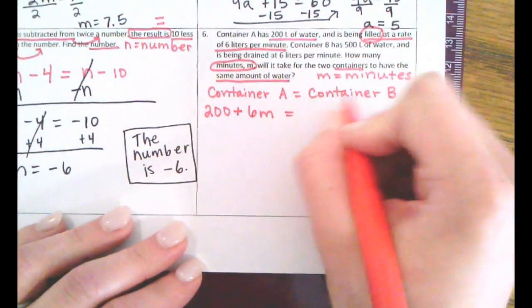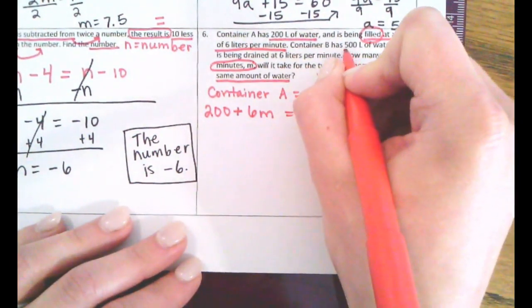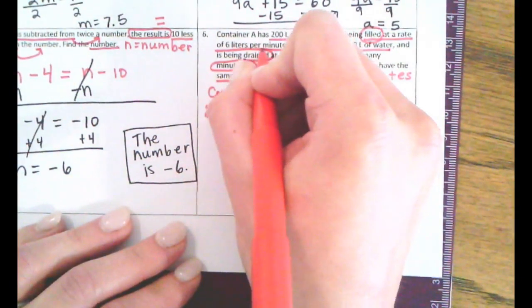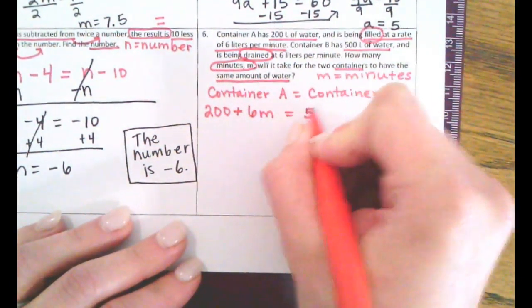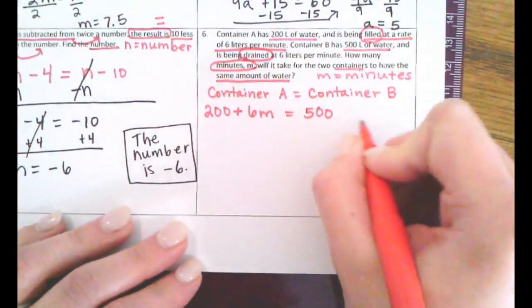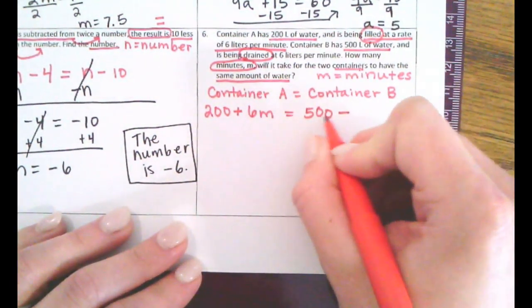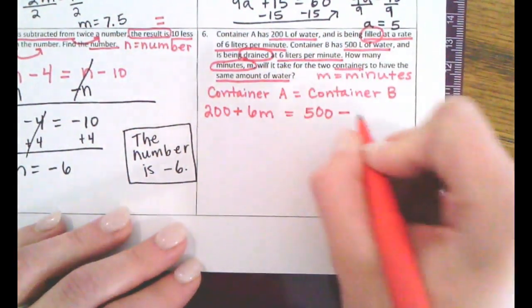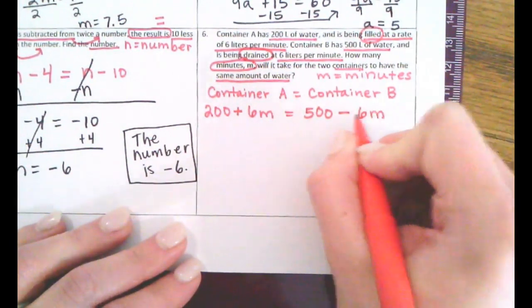Equals, and I have container B. Started off with 500 liters of water, but this one is being drained. So I'm subtracting out of that 500, 6 liters per minute.